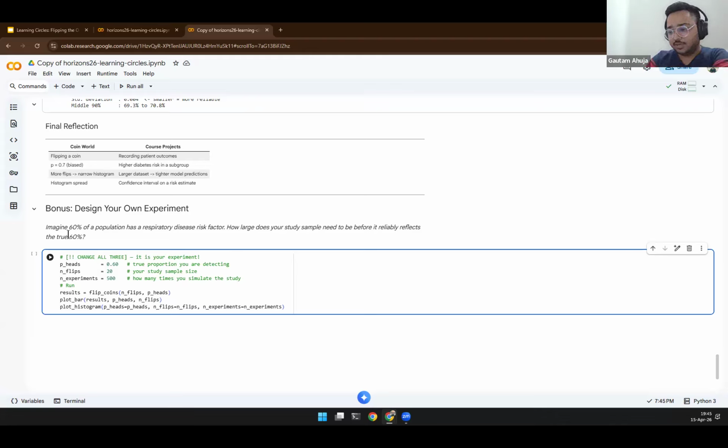You can change the last block and just see what number comes up until all of your graphs merge or align, let's say. But yeah, I think this was a wrap up for the hands-on exercise for today's webinar.